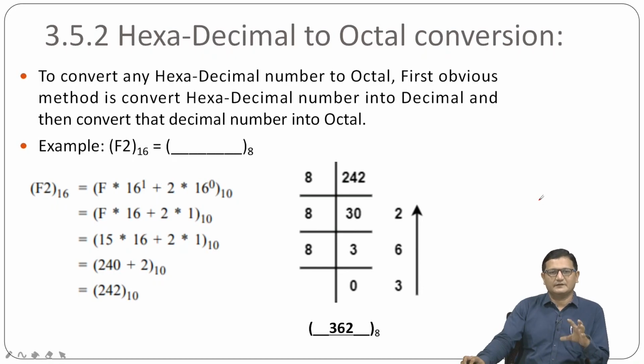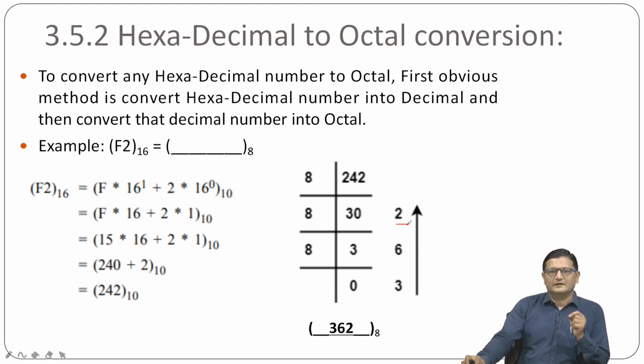We know how to convert a decimal number to octal. So F2 is represented as the decimal number 242, and we want to convert 242 into octal. So we divide 242 by 8 and get 30, but 30 into 8 is 240, so 2 is the remainder that we have written here.